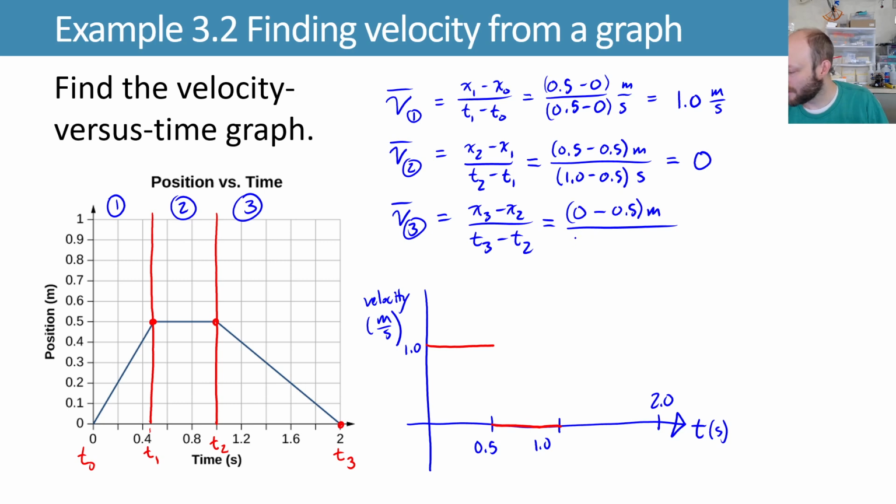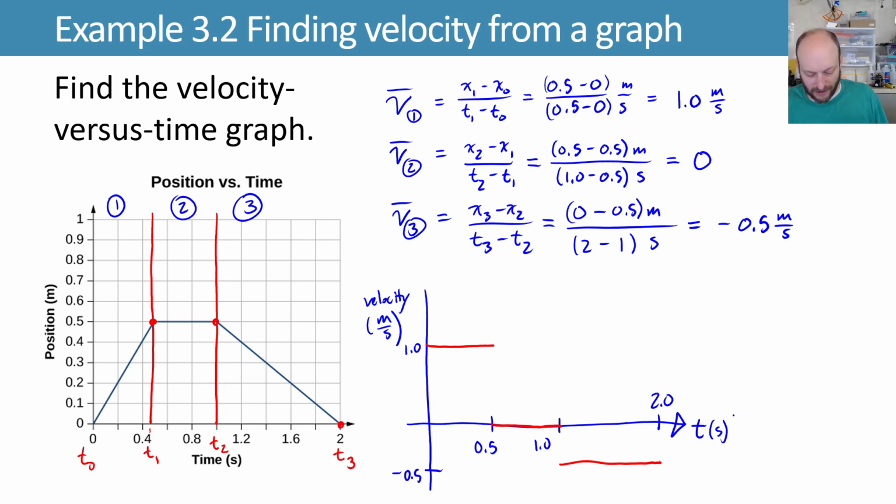And time-wise, it's 2 seconds minus 1 second. So when we divide those, we get a minus on top and 1 on the bottom, so minus 0.5 meters per second. We can put that on the plot here as well. Something about right there, where that is minus 0.5.